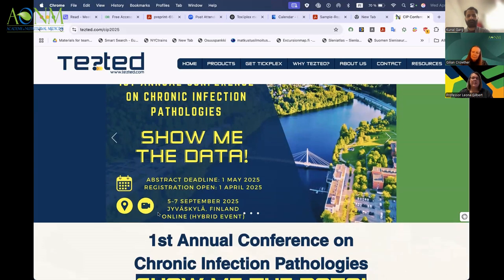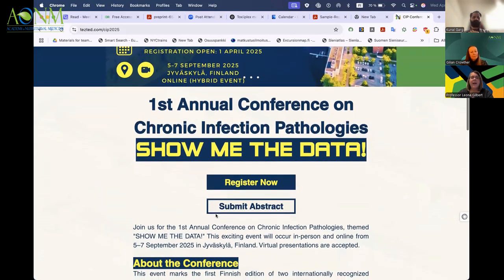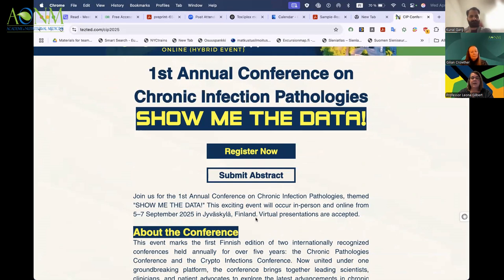This is the first conference, and it will be on the 5th to the 7th of September in Uvascular, where we are right now. It is quite unique and affordable. There are incentives on registration costs for patients, students, early career scientists, practitioners, and even medical students. Abstracts are open, so if you have some data you want to show, please submit an abstract.